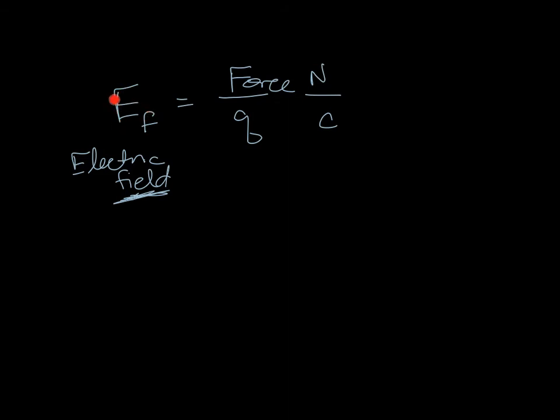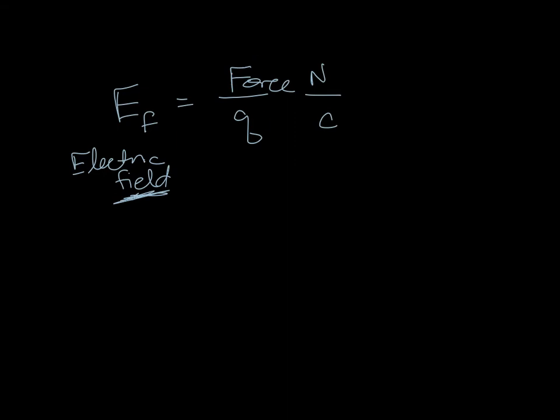We could mix this up with energy, because it's an E. We could say F and think field instead of force, so make sure this is the electric field, this is the electric force, and it's newtons per coulomb.